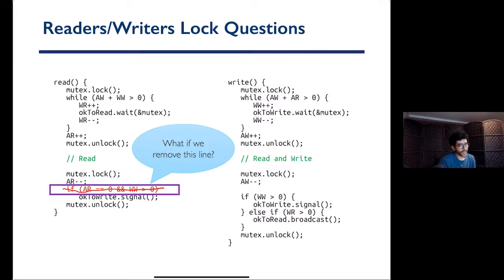Why? Because if you're not the last reader and you send a signal to writers, let's say there are other writers, one of them wakes up here, eventually gets scheduled, and there's a high chance that they will check this again and find out that there are other active readers. So they would put themselves back to sleep.